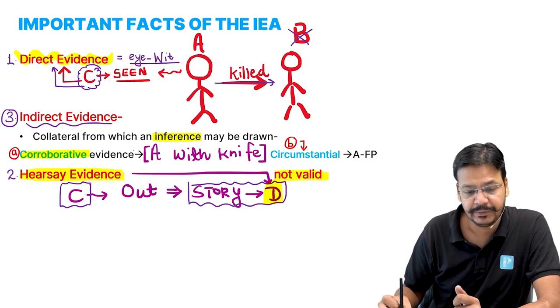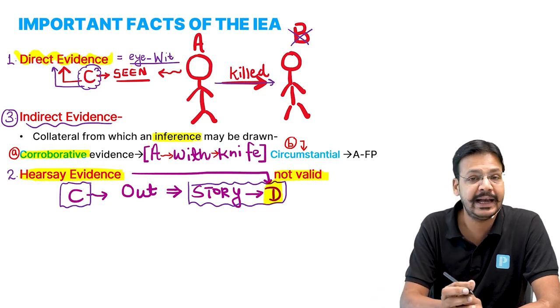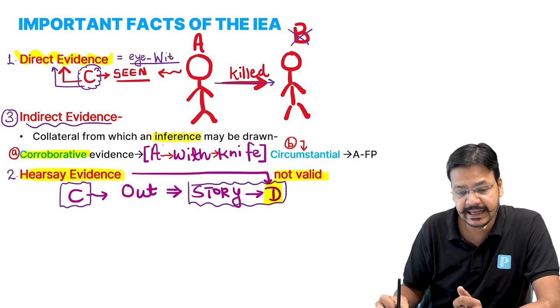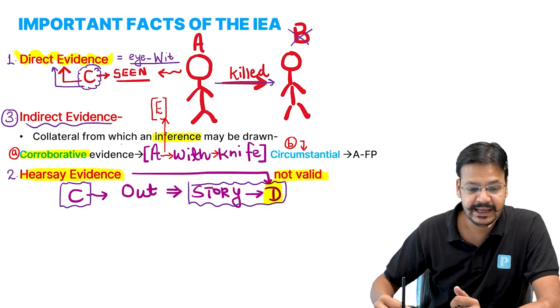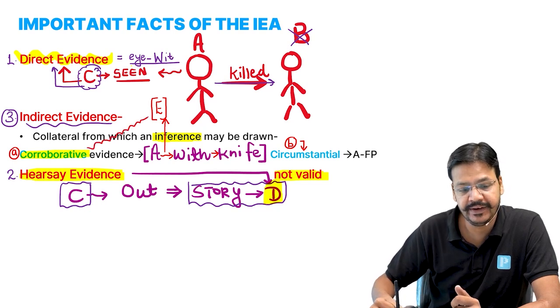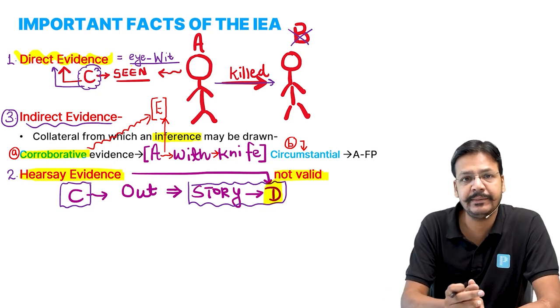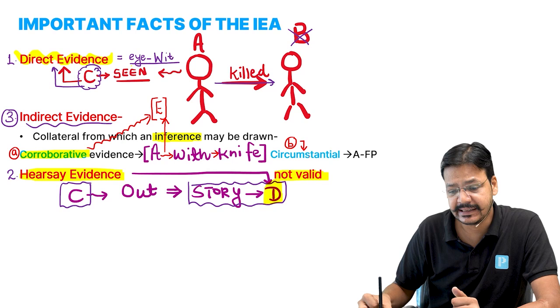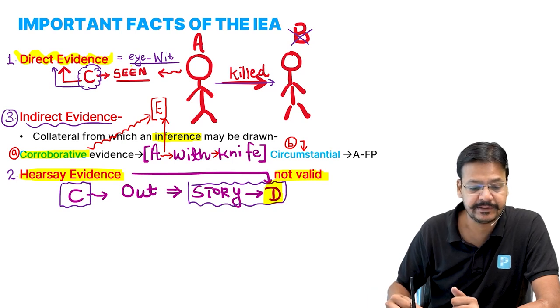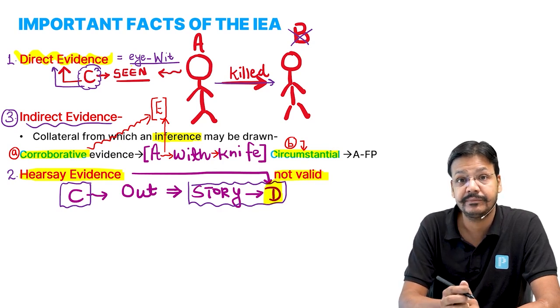I am giving an example. If A came out from the room with a knife and E has seen A with the knife, E is an example of corroborative evidence, indirect. E has not seen the murder. Another example is circumstantial evidence. What do circumstances say?